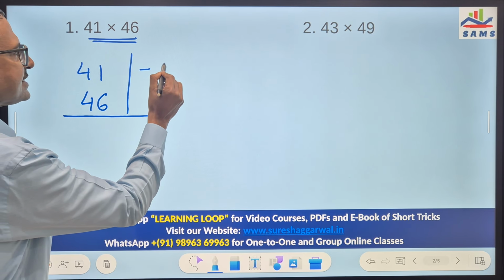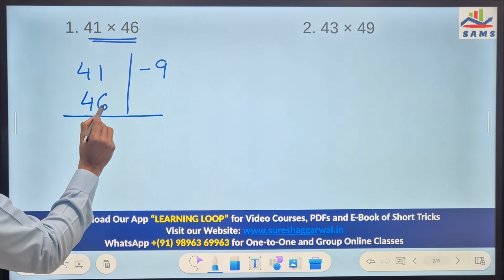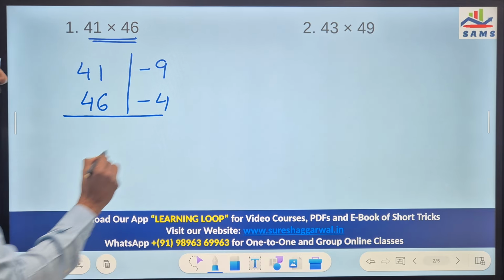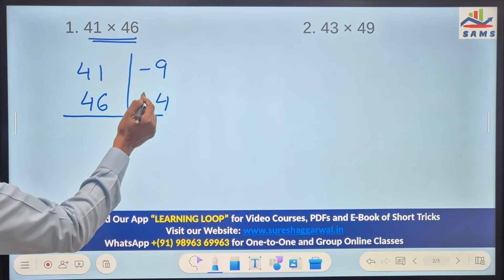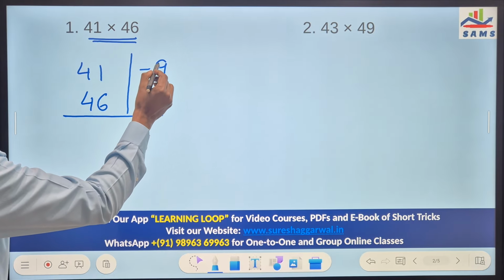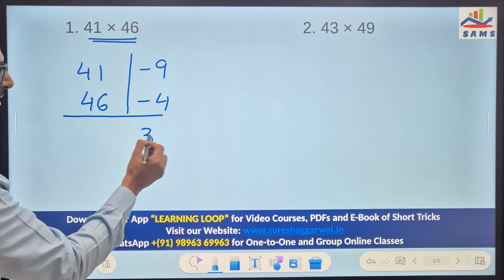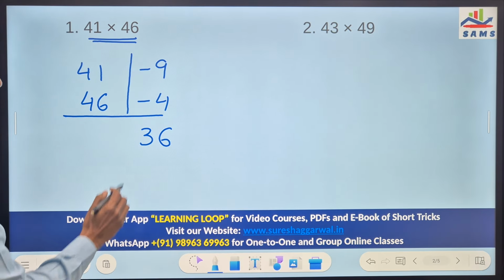So I will write a minus 9 here, and this has a deficit of 4, so I will write a minus 4 here. Now when I multiply these two, negative will automatically become positive, and so 9 4s are 36. Now what to do with 36 I will check later.